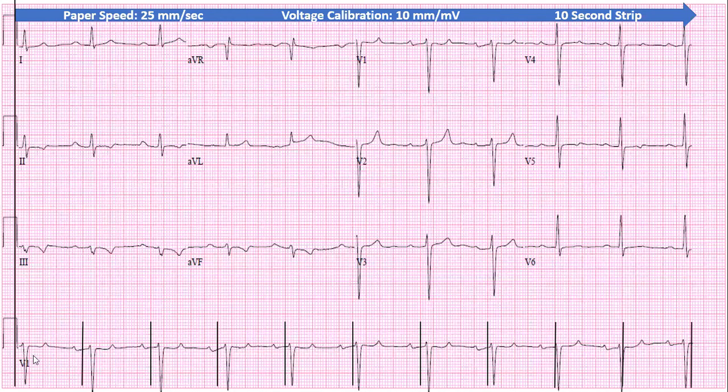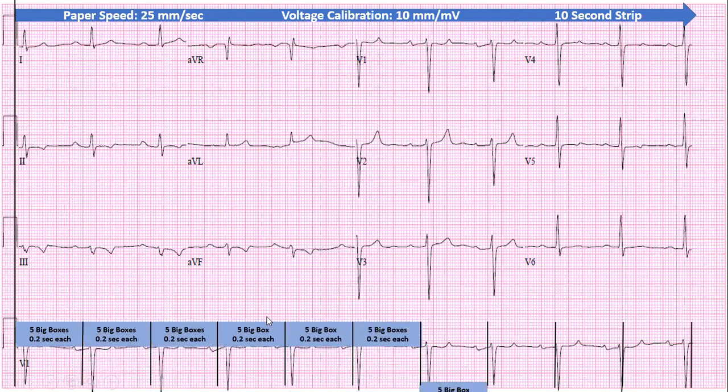So you have 5 big boxes, and what we know is that each big box is 0.2 seconds, right? And then we have another set of 5 big boxes, and so it goes until we have 10 groups of 5 big boxes, right?